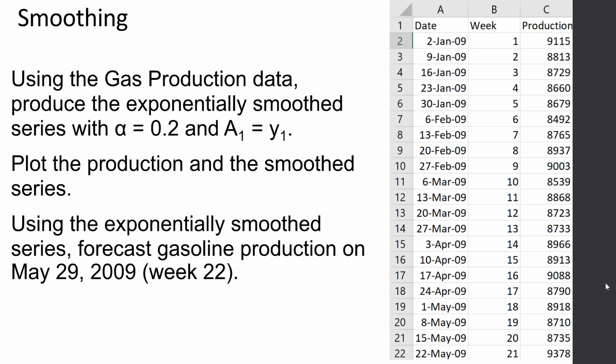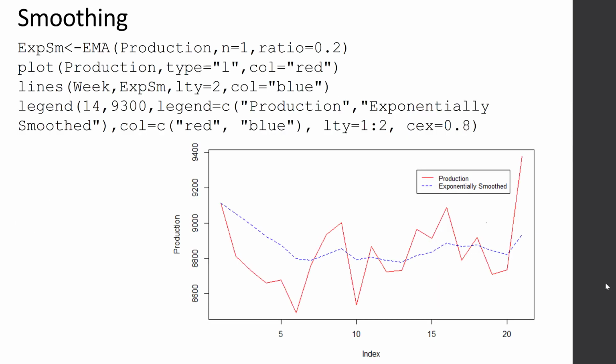All right, so again in the TTR library, in that package, there's a function for exponential smoothing called EMA. So I guess it's exponential moving average is what it stands for. And I did that on the production column with n equal to 1 to start it at A1 and the ratio equaling 0.2.